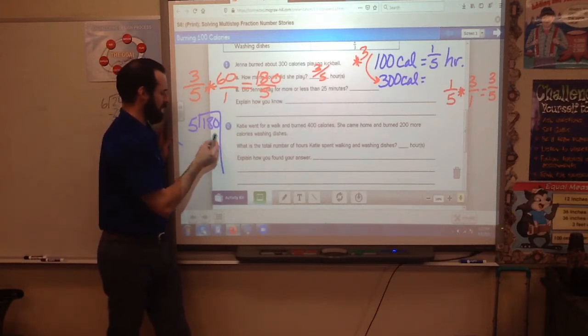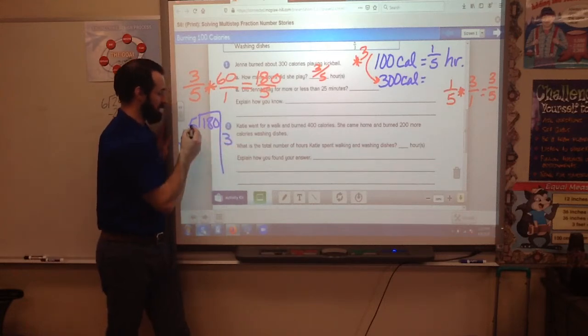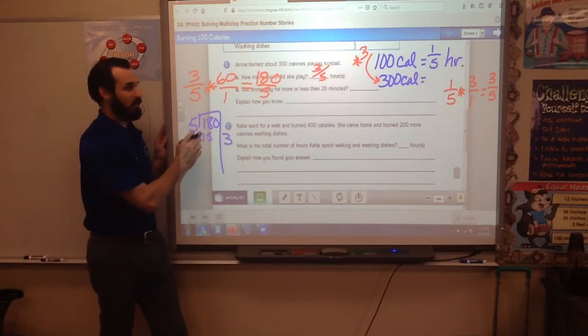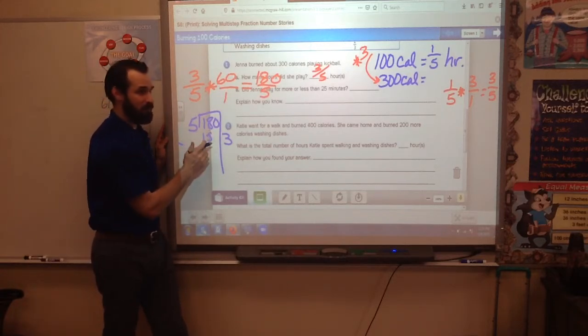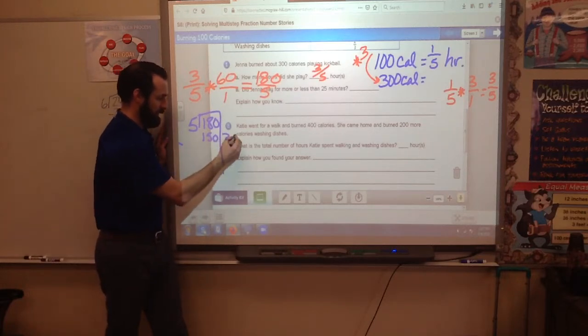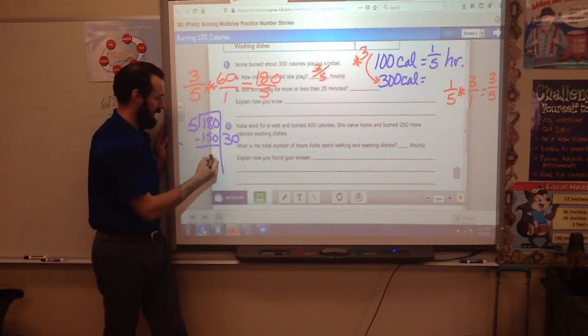So if I'm thinking what times 5 equals 18, or gets me close to it, I can only do 3, because 5 times 3 is 15, and I write that under the 18. Now I'm looking at that like an 18, but it's 180. So to make it 150, I put a 0 there and a 0 there, and then I subtract. 0 minus 0 is 0. 8 minus 5 is 3.